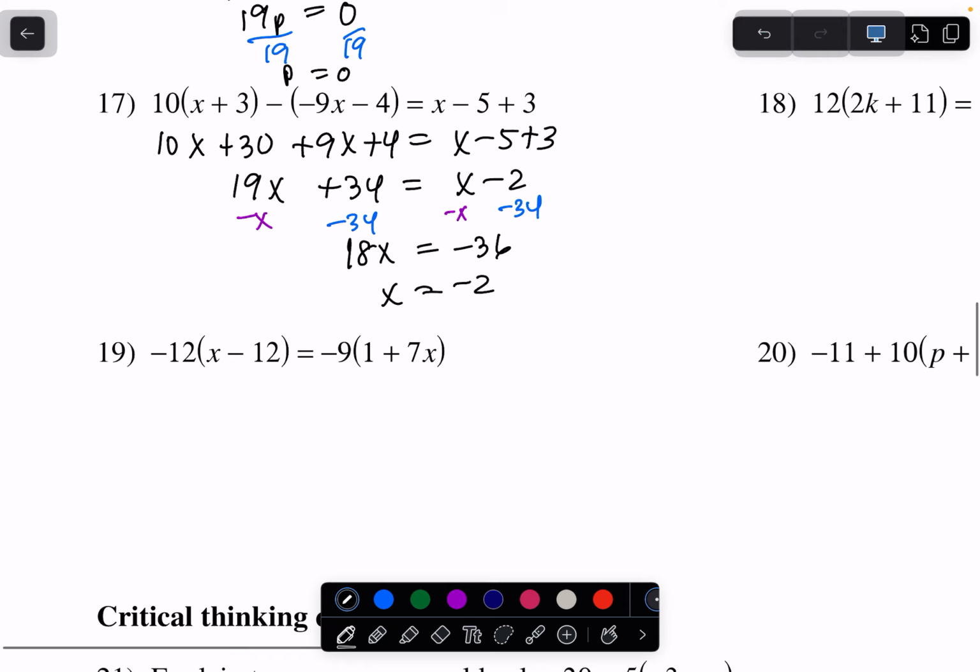And you can check that you're getting the right answer. And then try the critical thinking problem once you finish up your evens.